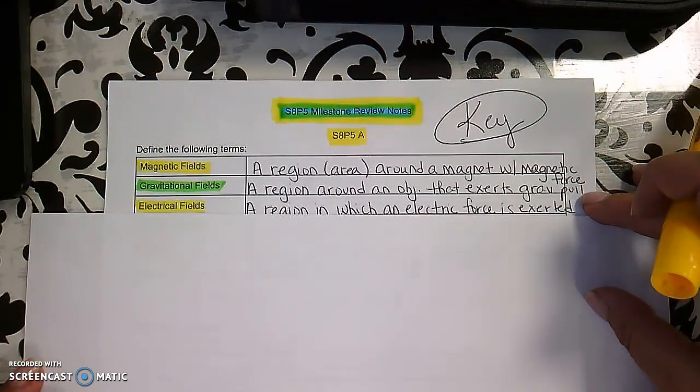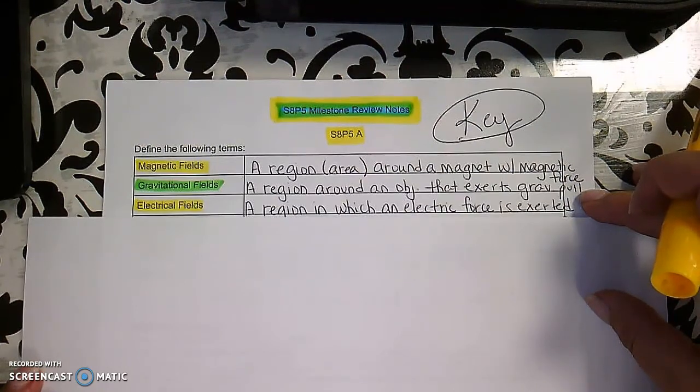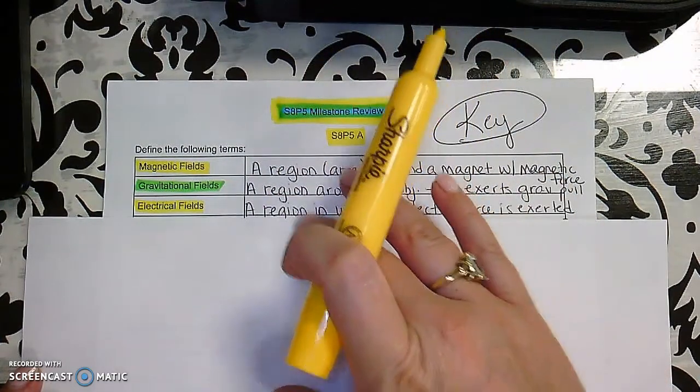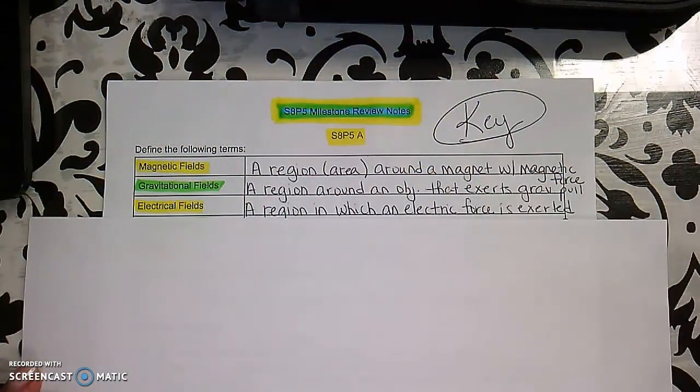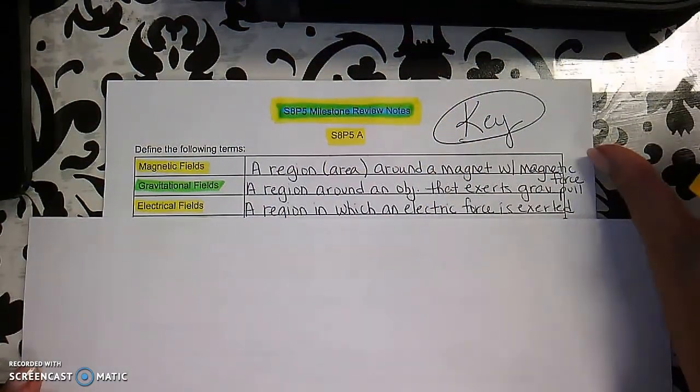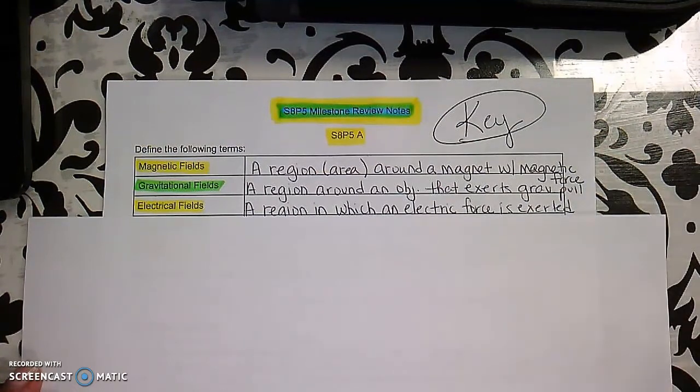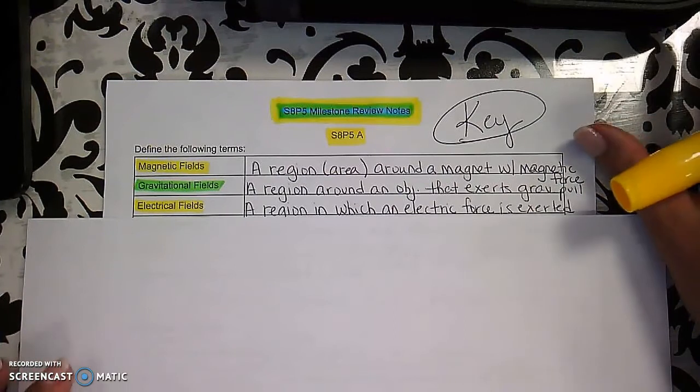An electrical field is a region in which an electric force is exerted. And so all three of these fields are regions, and those regions are only as big as the electrical field or the gravitational field or the magnetic field are. It's basically as big as that reach can be.